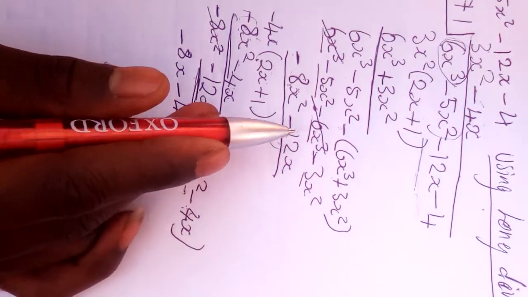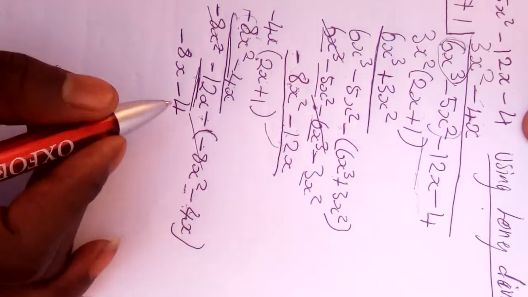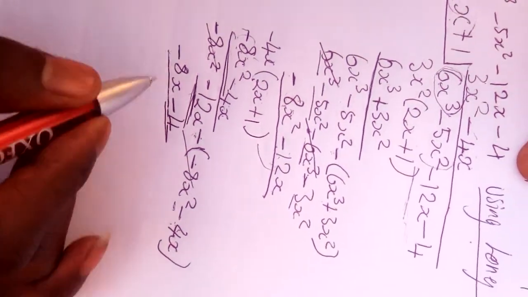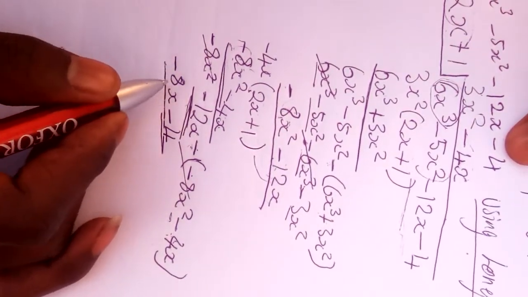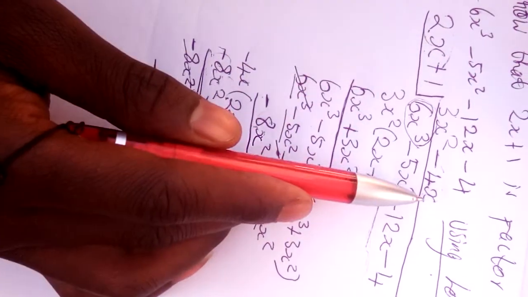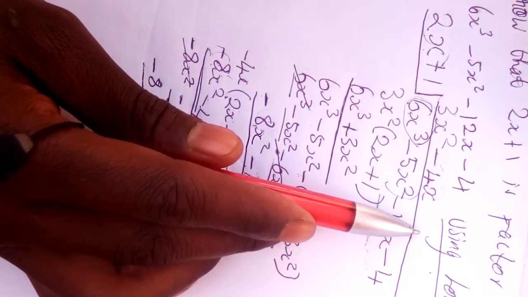The very same thing we did here, we are doing again. After bringing down negative 4, we divide the first term of negative 8x by the 2x in order to get the next term.